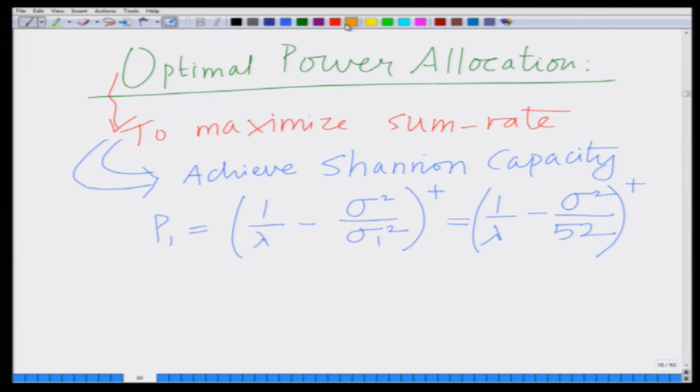Remember, the plus sign indicates the quantity inside the brackets if it is greater than 0, and it is equal to 0 if the quantity inside the brackets is less than or equal to 0.